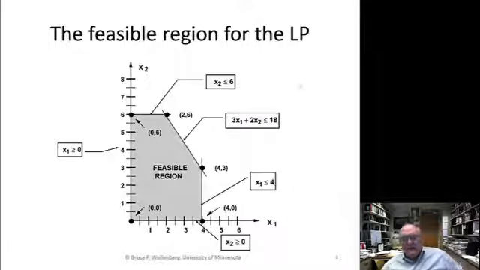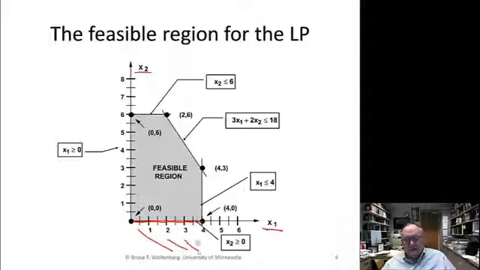Now here is a picture. Here we have x1 on the horizontal, x2 on the vertical, and the line down here is the constraint x2 greater than 0. That means that all the values have to be up here, and I can't have anything down here.